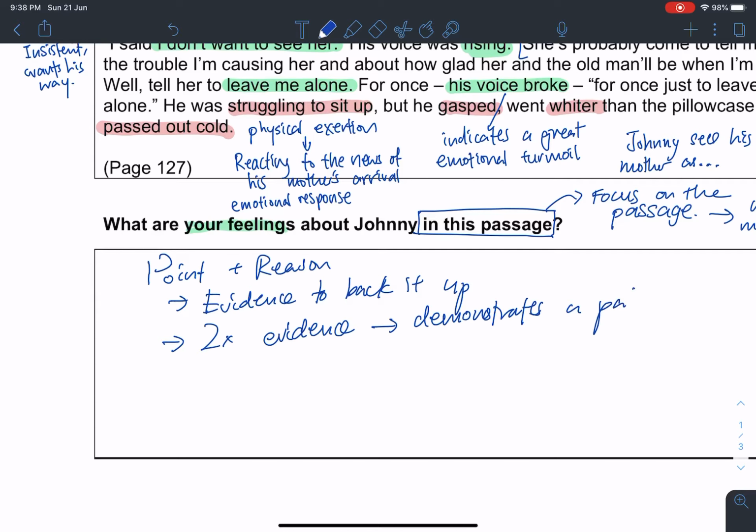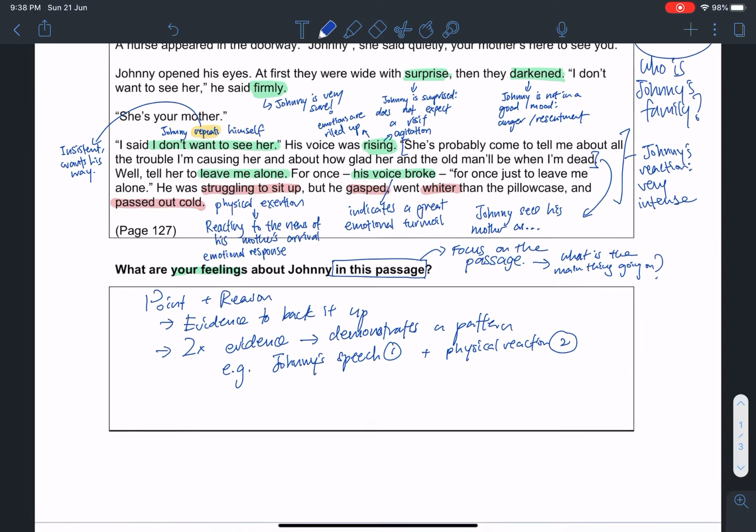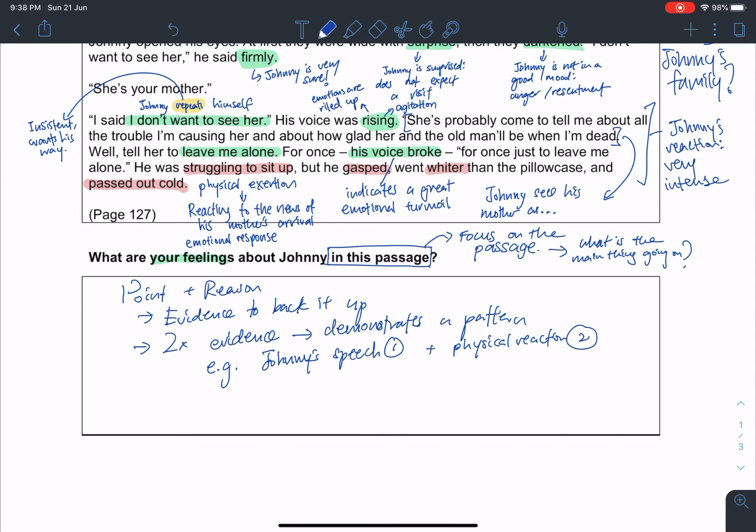In this case, you could use Johnny's speech. That's your first point. And his physical reaction, which then shows another point. So we have the pattern of Johnny's great agitation, right?